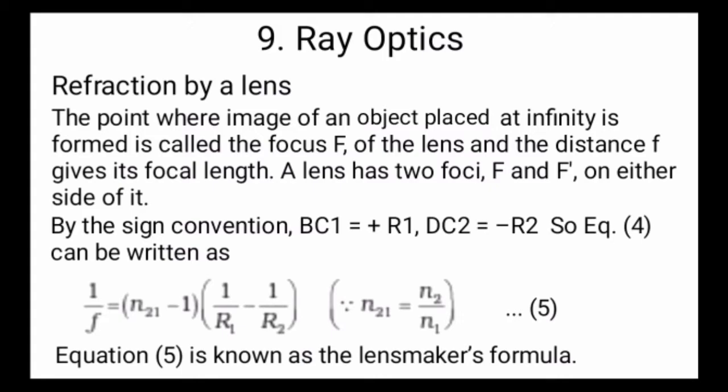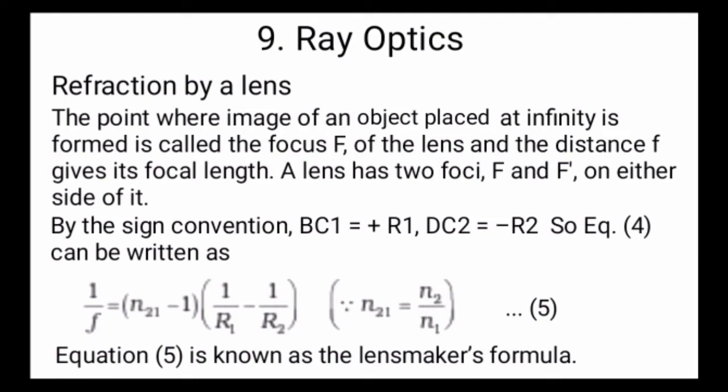The point where the image of an object placed at infinity is formed is called the focus capital F of the lens, and the distance small f gives its focal length. A lens has two foci, F and F dash, on either side of it. By the sign convention, BC1 is equal to plus R1, DC2 is equal to minus R2.